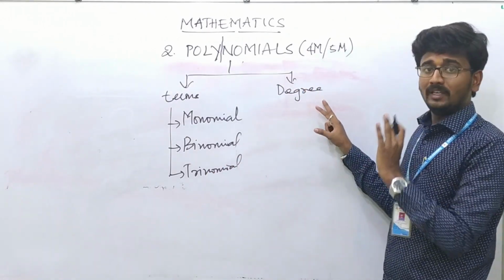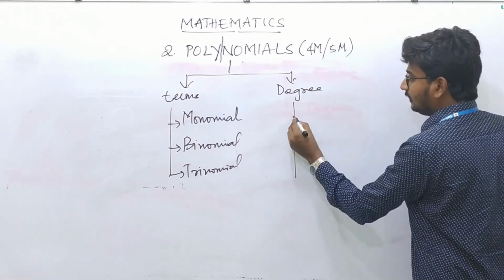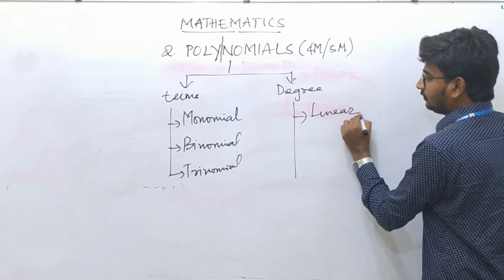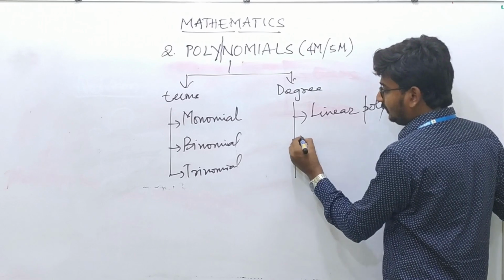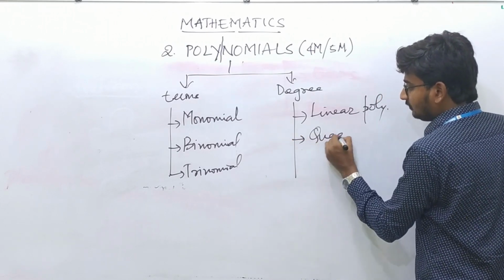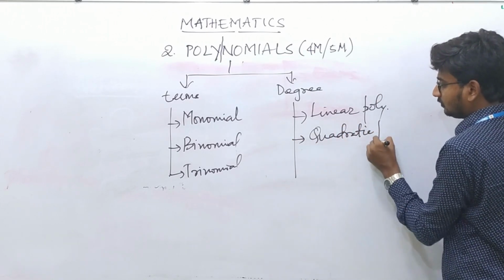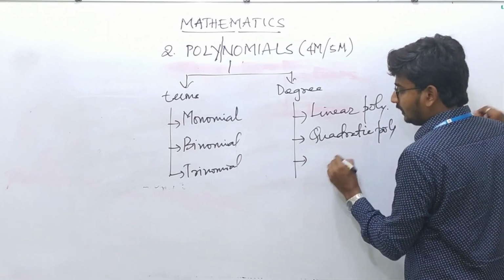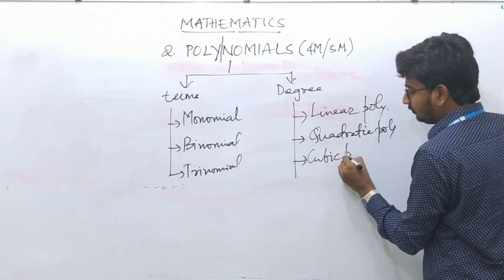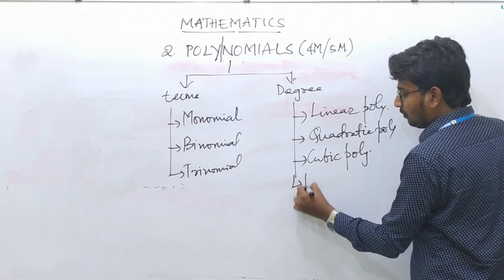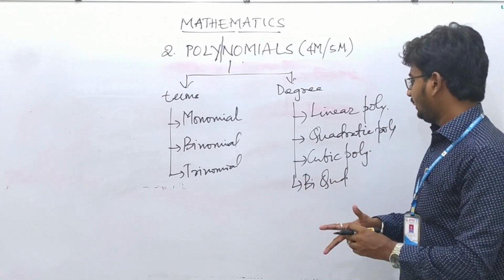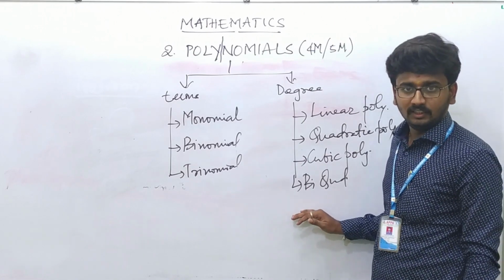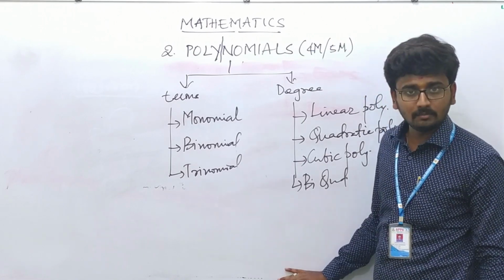Based on degree, it is linear polynomial, then quadratic polynomial, then cubic polynomial, biquadratic, and so on. Many of you know up to biquadratic; we can go even beyond biquadratic.